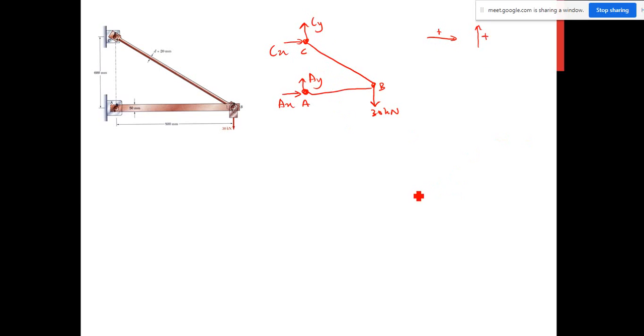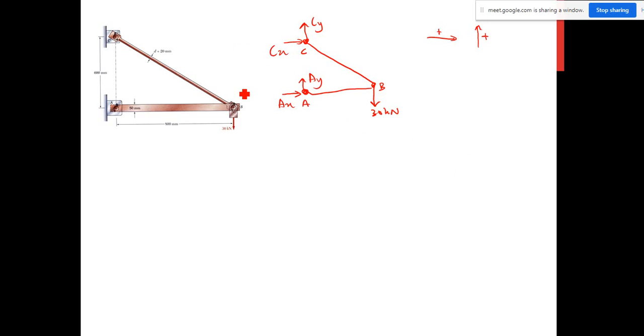It doesn't matter, you can also assume CX or AX in the negative direction, but I suggest, because we don't know the correct direction of the reaction forces, that all of you assume all the reactions are in the positive direction.